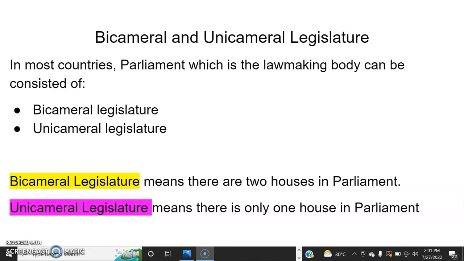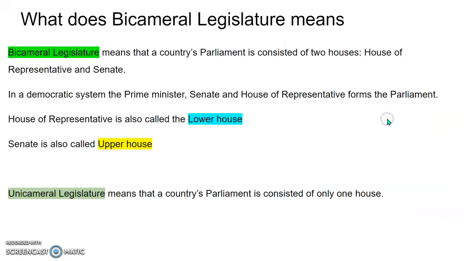If a country has a bicameral legislature, that means there are two houses in parliament. If a country has a unicameral legislature, that means there is only one house in parliament. And students, I hope that you are getting that. Now let us look at these terms individually.